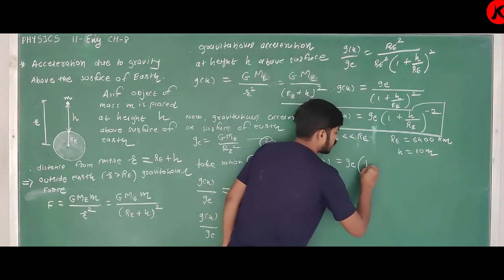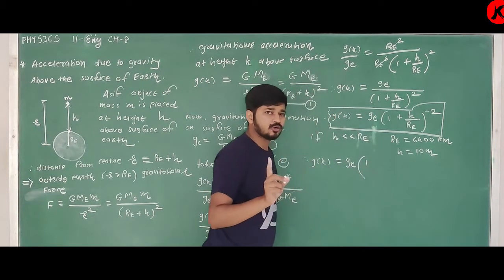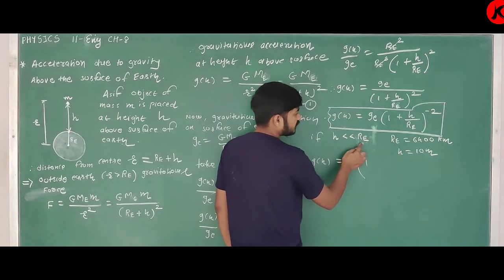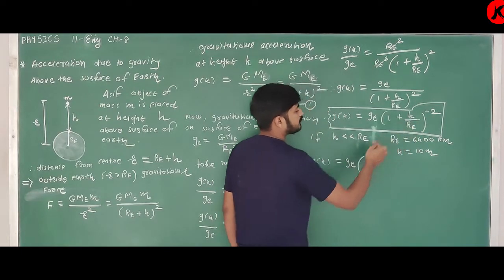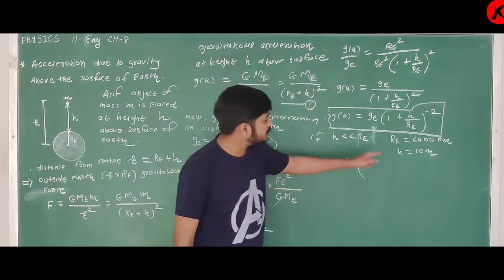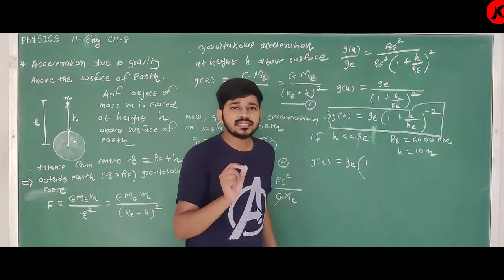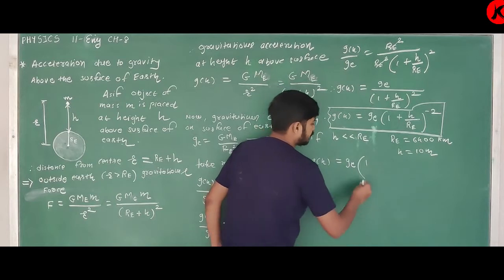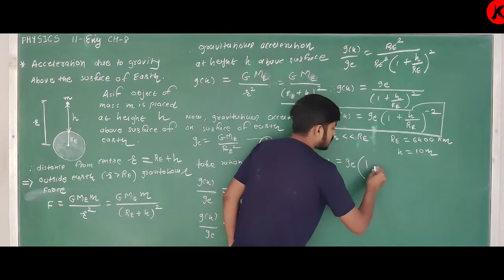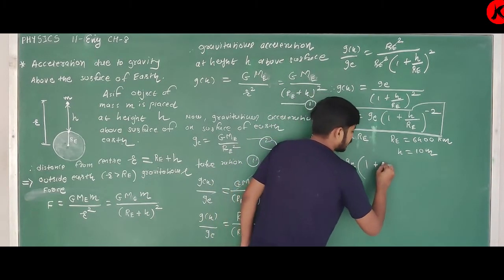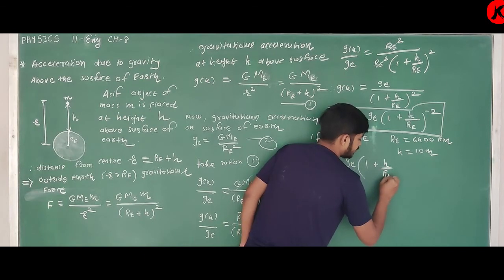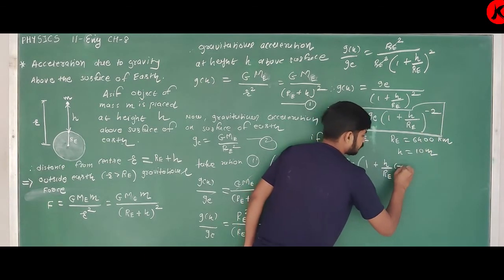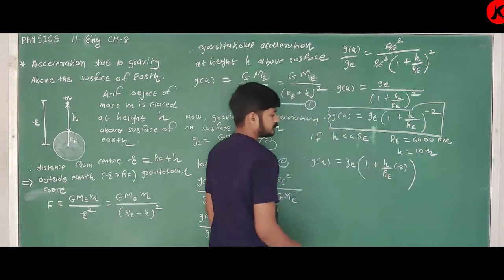Here I can write 1. See, simple. How to remember? If h is very less than R_E, it means this second term is very small. If the second term is very small, you have to multiply this power to the second term, which means 1 as it is, first term as it is, plus h upon R_E as it is, and you have to multiply this power to the second term.